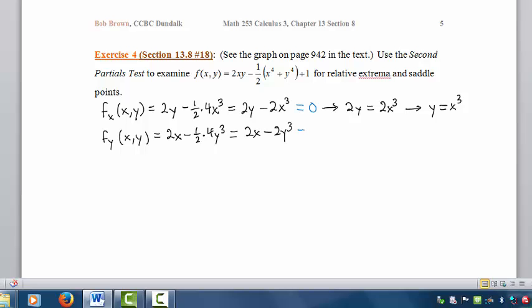We set this equal to 0. Here is where I'm going to use y equals x cubed from the previous. We do this because we are solving simultaneously these two equations.